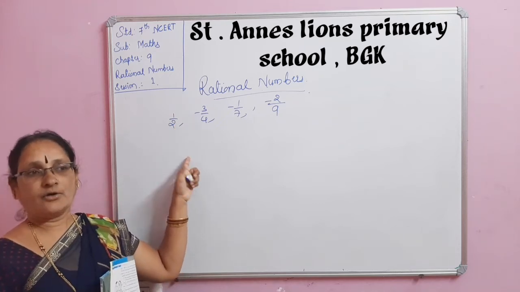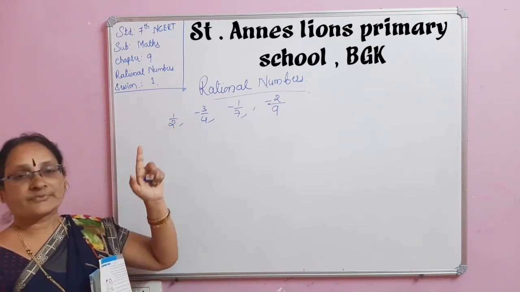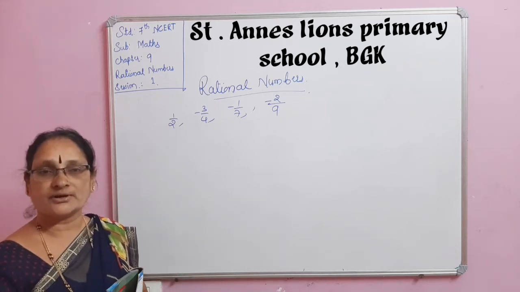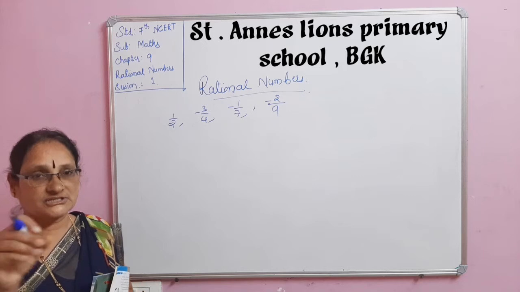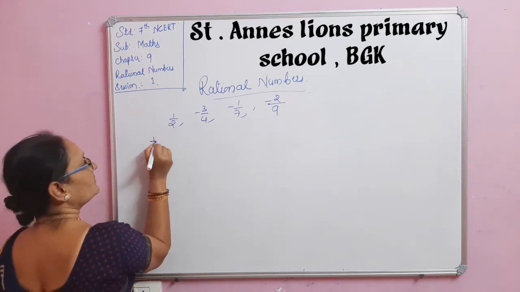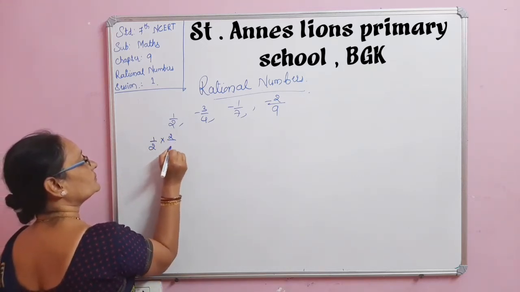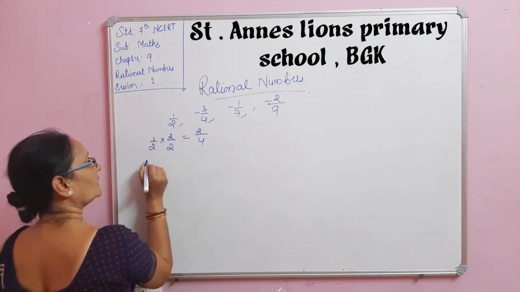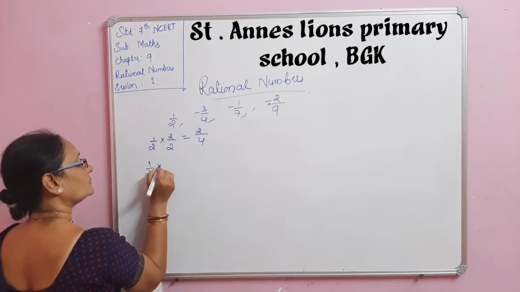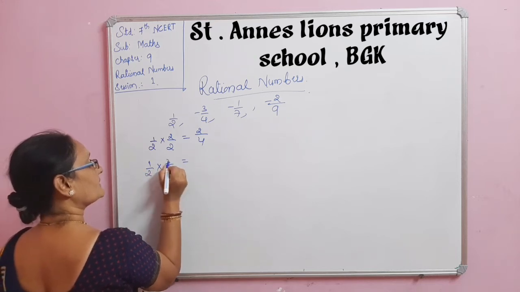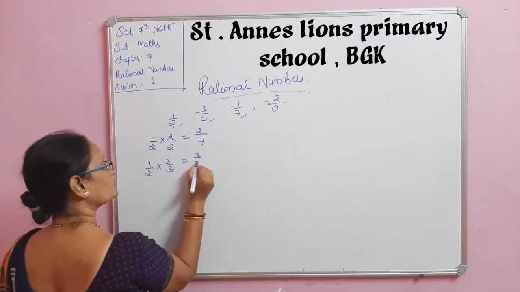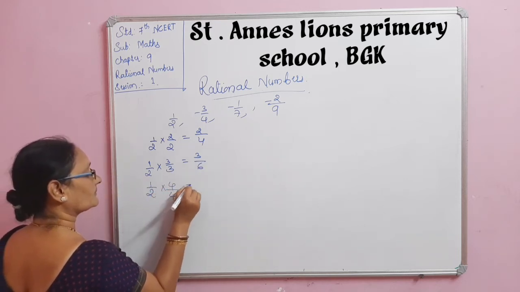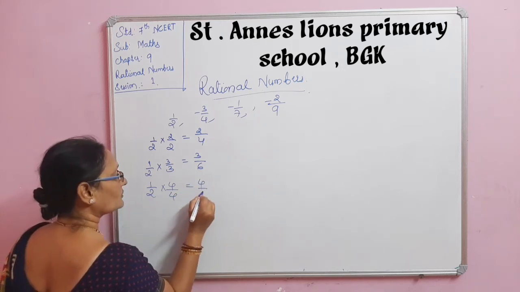How can you write equivalent fractions of 1 by 2? The same way we have to write the equivalent rational numbers. See, 1 by 2 into 2 by 2: 2 ones are 2, 2 twos are 4. Now, 1 by 2 into 3 by 3: 3 ones are 3, 3 twos are 6. Now, 1 by 2 into 4 by 4: 4 ones are 4, 4 twos are 8.